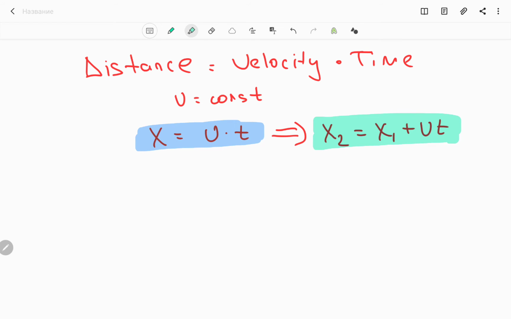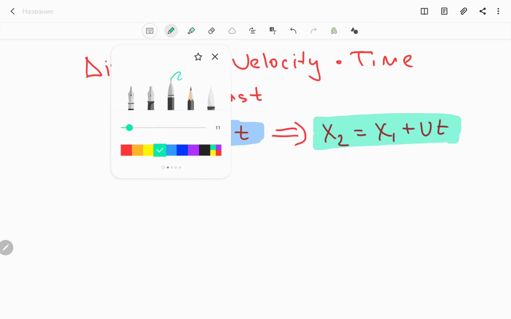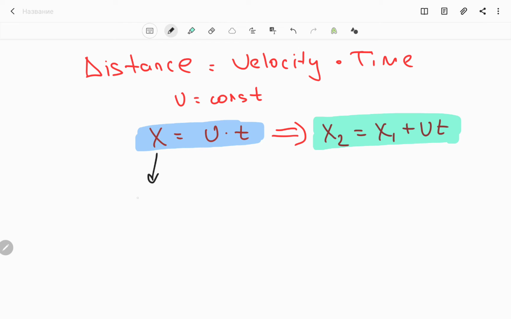The difference is the blue one, the equation that was highlighted by blue, is in terms of distance. So this x is distance, be careful. But here x2 and x1, it's not distance, this is position.